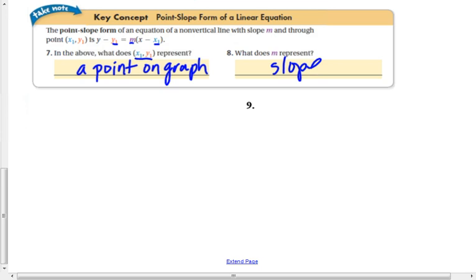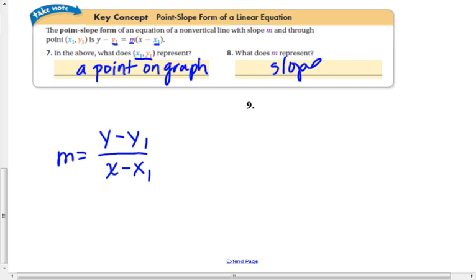And just to quickly let you know where this comes from, you should be familiar with this: the slope is equal to subtracting the y coordinates to get the rise, and subtracting the x coordinates to get the run. Well, another form of this equation is this.